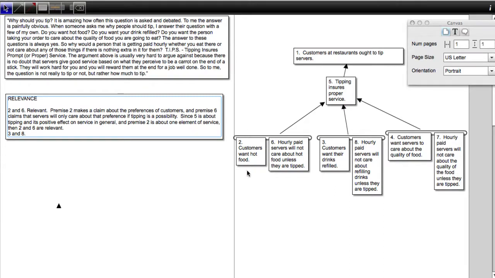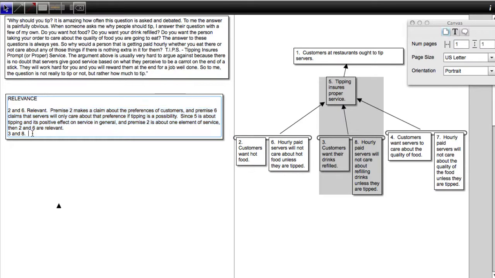In 2, if customers want X, hourly paid servers will not care about X unless they are tipped. Same thing over here, same pattern, just different content. Okay, so as long as what 2, 3, and 4 are talking about have to do with service, and they do, hot food is about service, having drinks refilled is about service, quality food is about service, then they're going to be relevant.